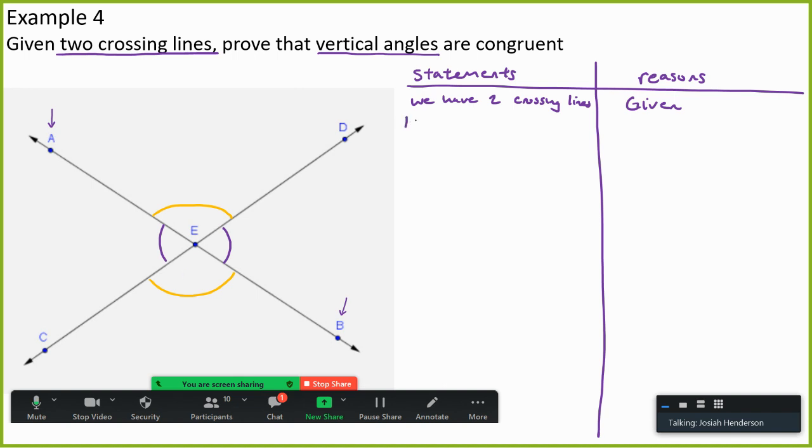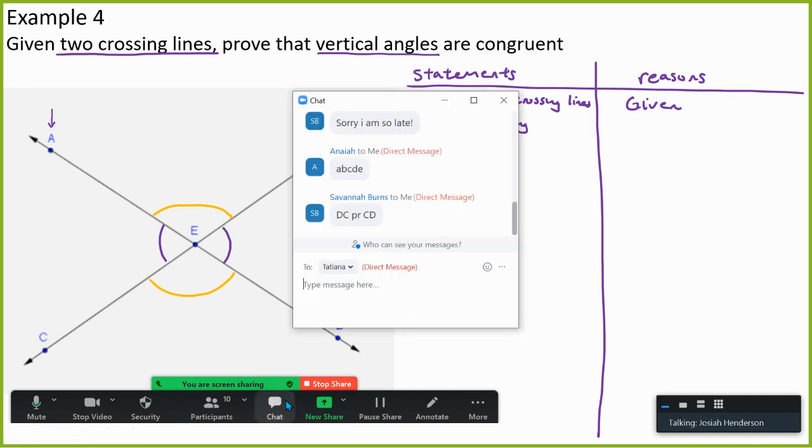I'm going to look up in my statements now. Line AB is crossing with what? What's the other line that's crossing over AB? Can anyone take a guess at that? What do we call the second line? Oh, in the chat. Thank you. I see someone in the chat.